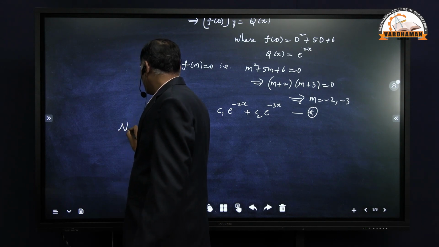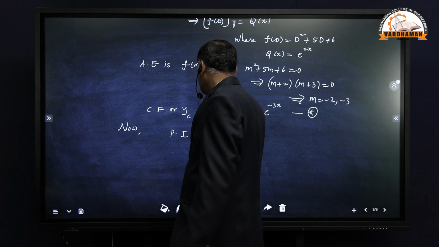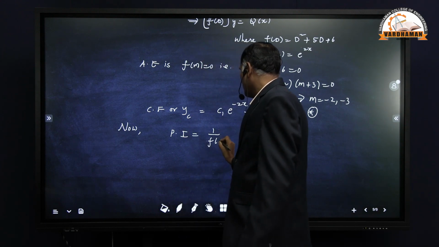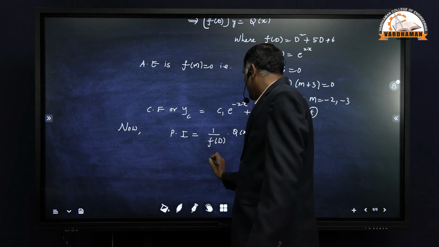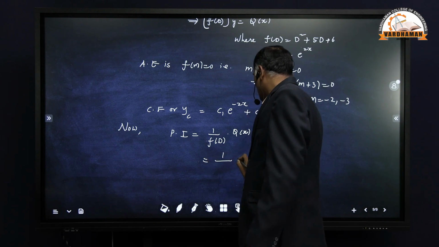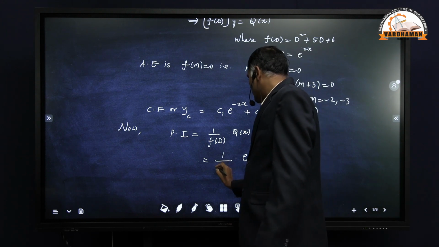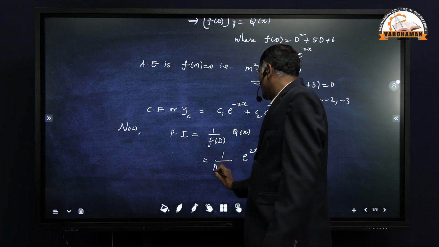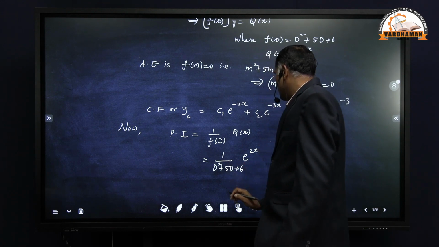Now PI equals 1 by f of D into Q. Here Q is nothing but e power 2x, and f of D is nothing but D square plus 5D plus 6.